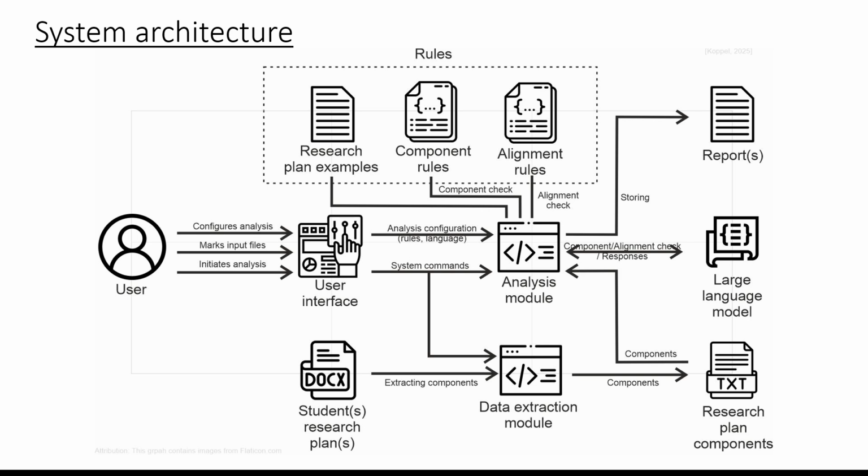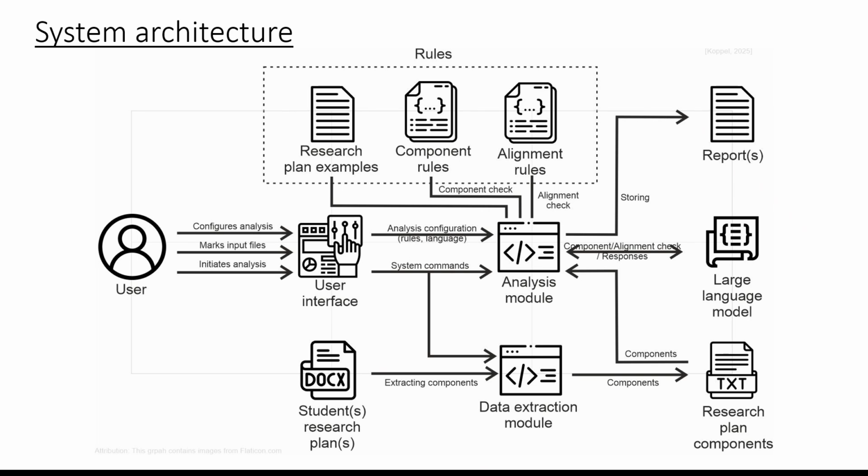So setting rules is a crucial part of this architecture because this impacts the performance of the system, and rules will ensure that the feedback is domain specific and based on the examples provided by the user. This helps the student to understand that the expected standards for their specific research are met.